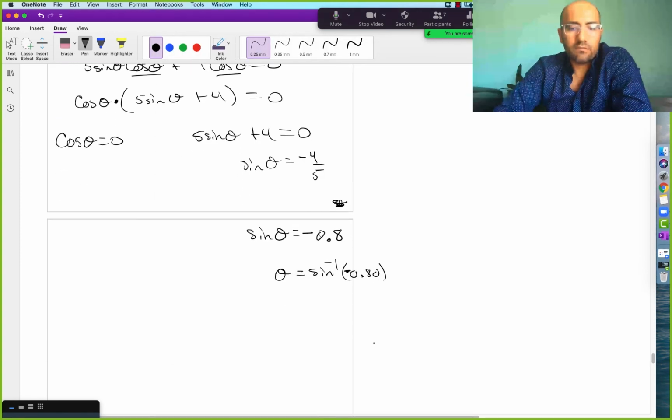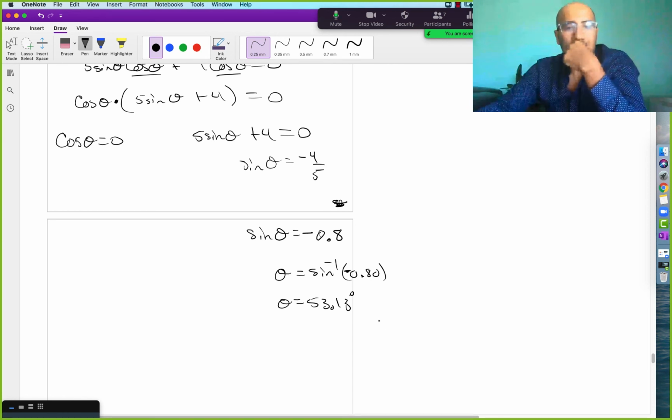Theta equals 53.13 degrees. And now we have to think about where the other case is going to work out.